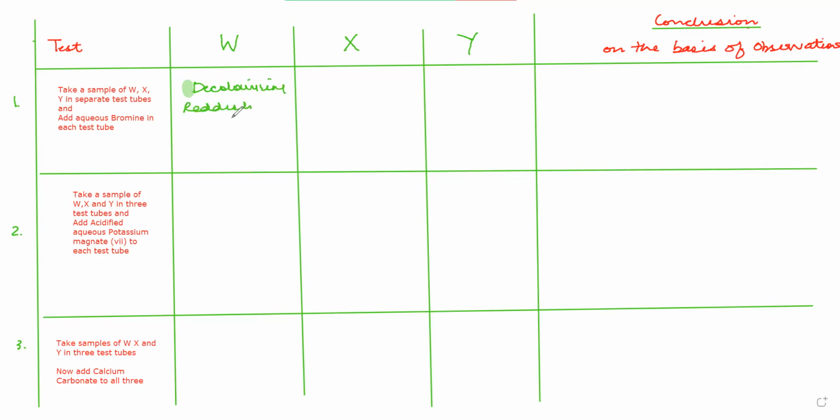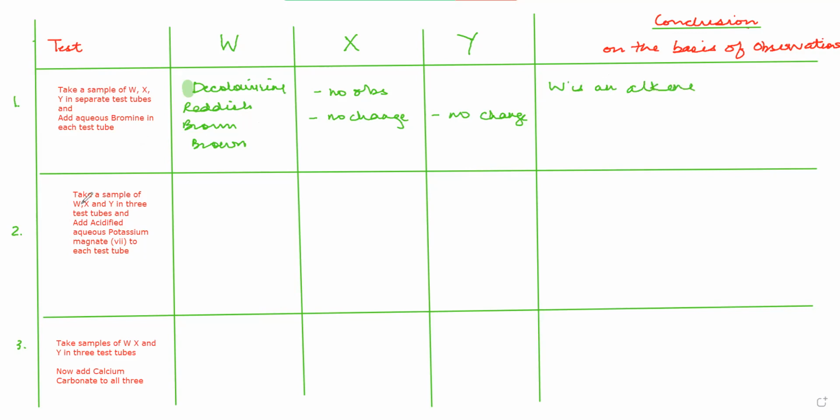Because we have one alkene only, definitely there will be no change seen with the X, and similarly no change will be seen with the Y. So the substance which is going to show the decolorization will be an alkene. So W is showing the decolorization of reddish brown bromine, so I'll say that W is an alkene, right?